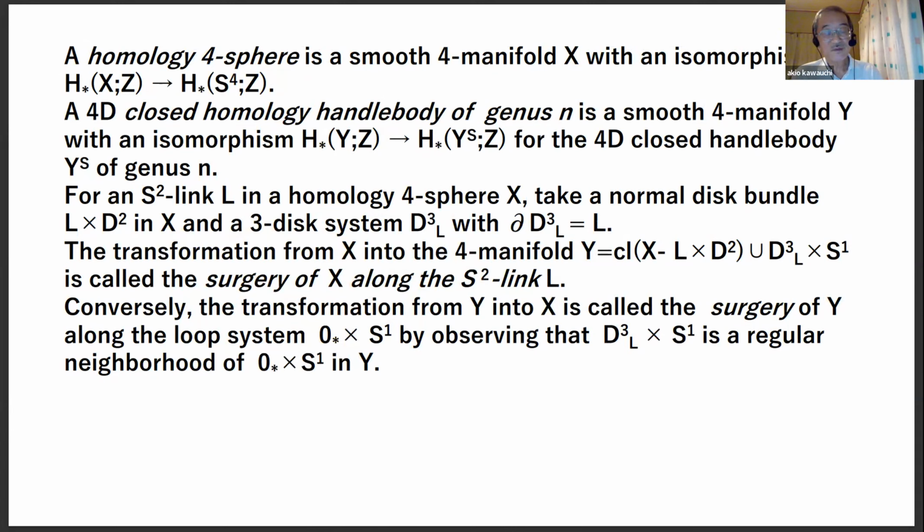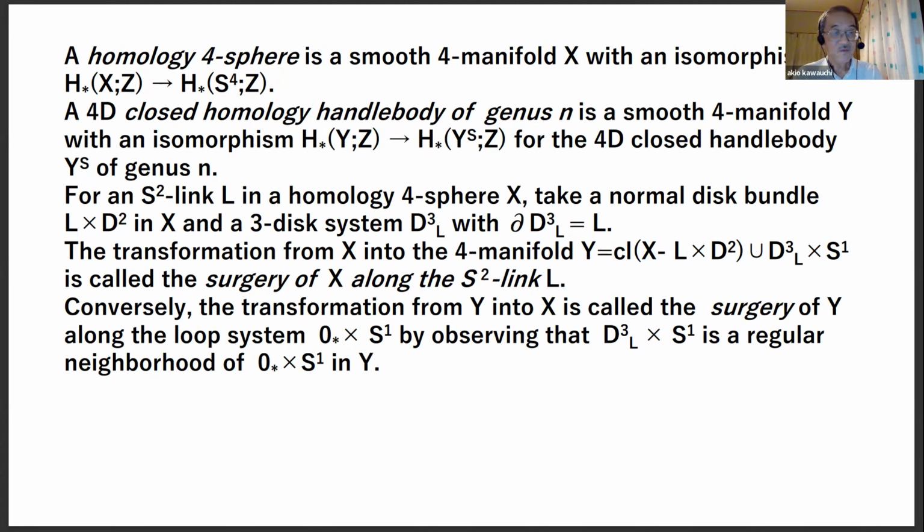A homology 4-sphere is a smooth 4-manifold X with homology isomorphic to that of S4. A 4-dimensional closed homology handlebody of genus N is a smooth 4-manifold Y with homology isomorphic to the homology of YS.